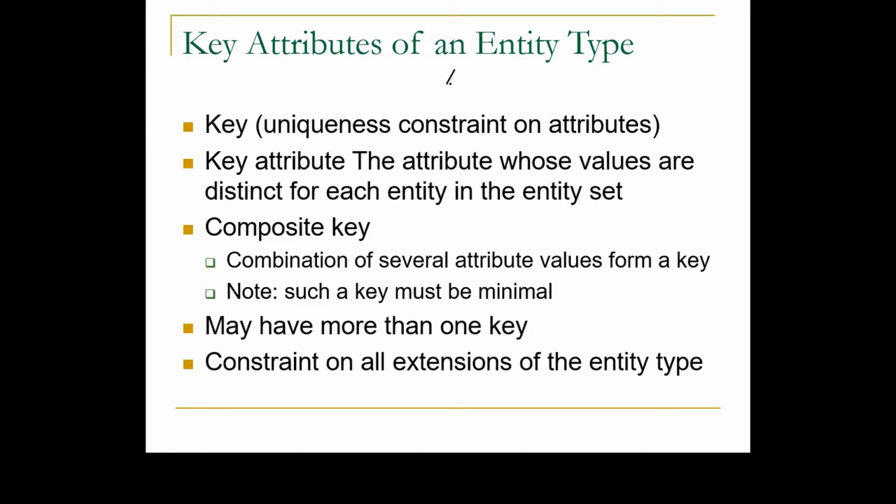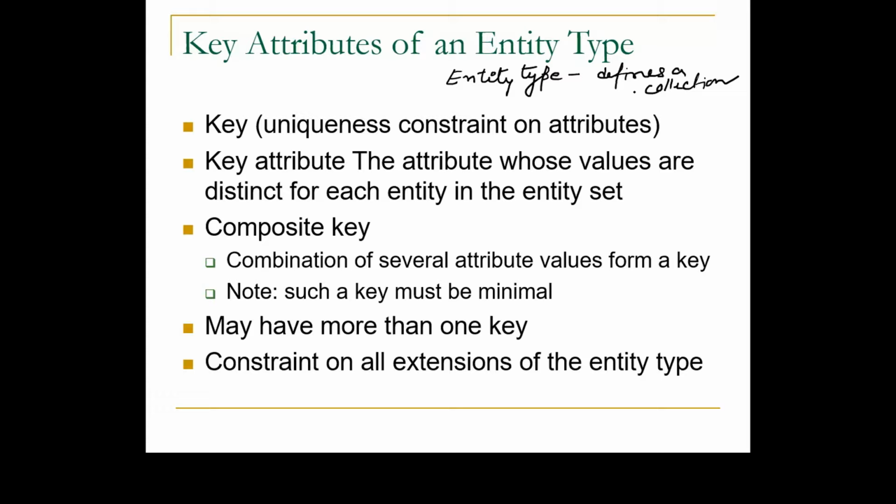So therefore, an entity type defines a collection or set of entities that have the same attributes. So each entity type in the database is described by its name and attributes.